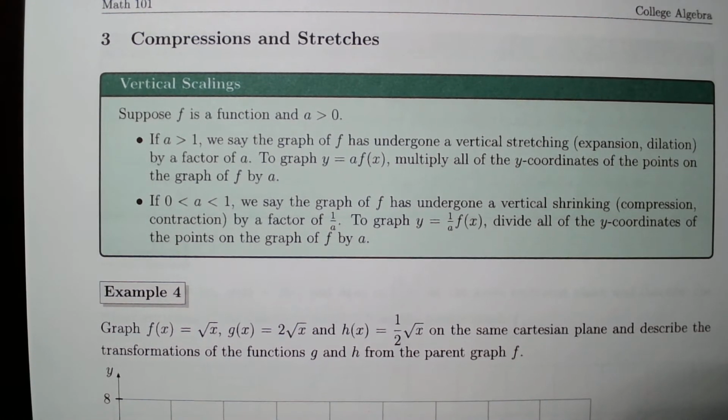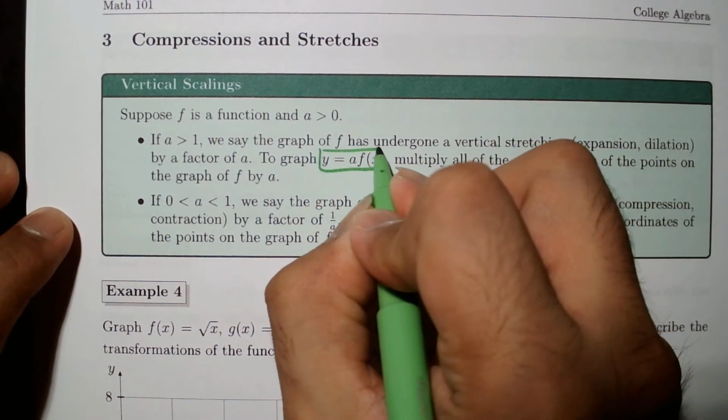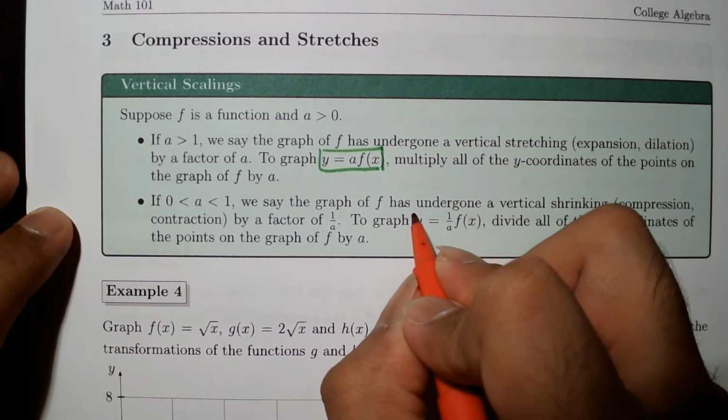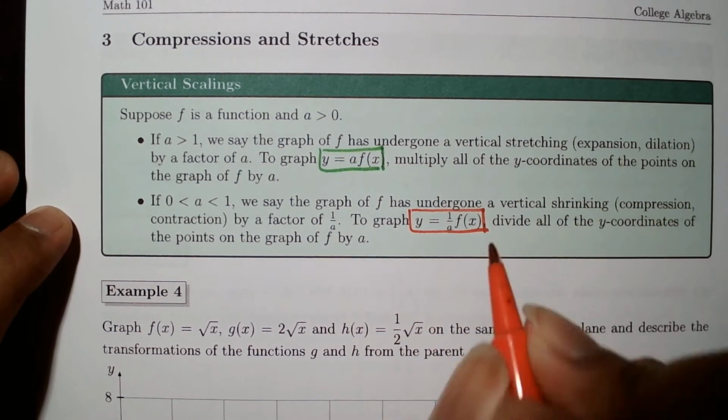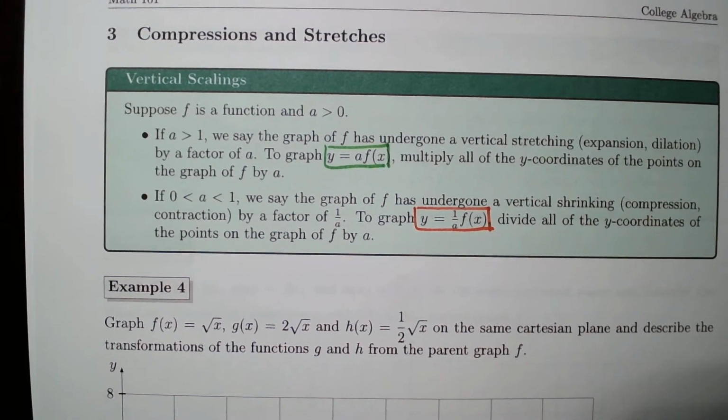So let me box this one with green, to graph y equals a times f of x, and with green to graph y equals 1 over a times f of x. So what are we going to do?